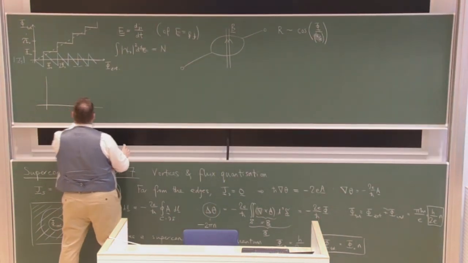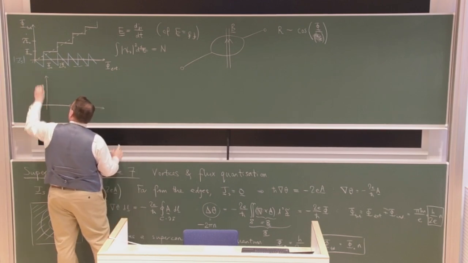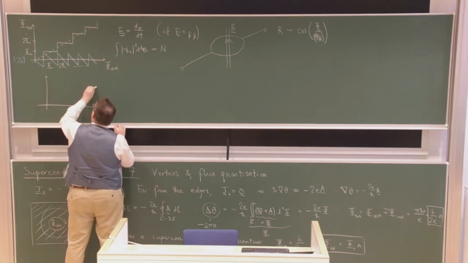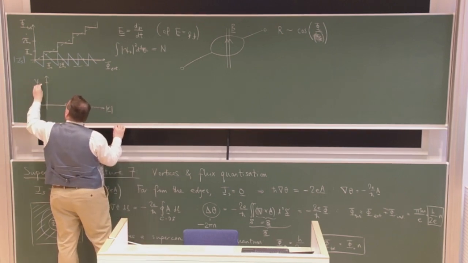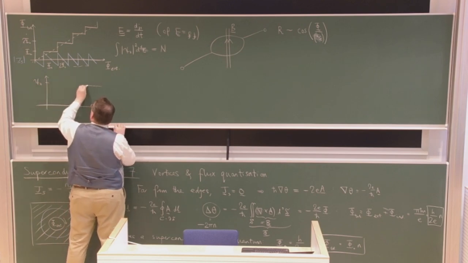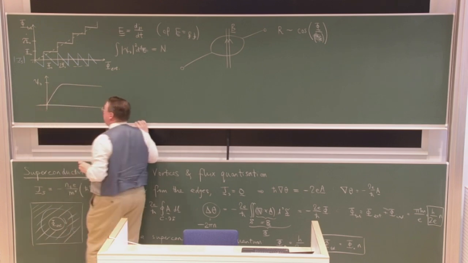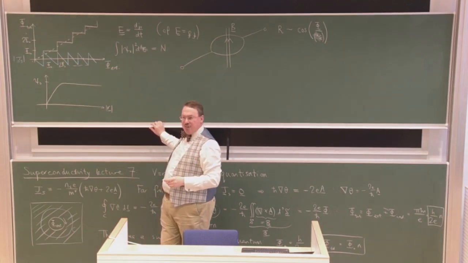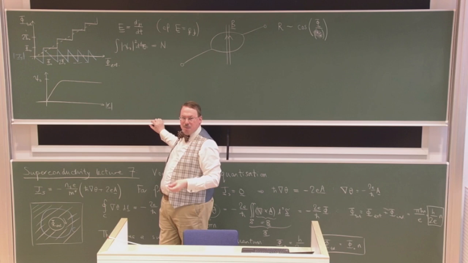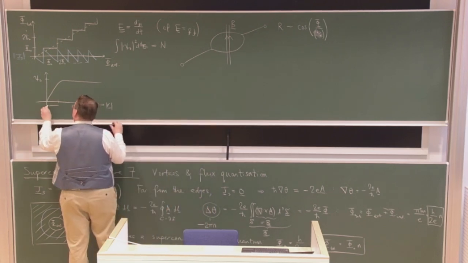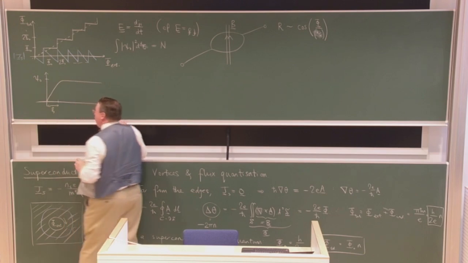So if I were to make a vortex at the origin, we know that the superconducting order parameter will be 0 at the center of the vortex. And we calculated, just the same calculation as the superfluid, that it will recover over a length scale set by the coherence length.